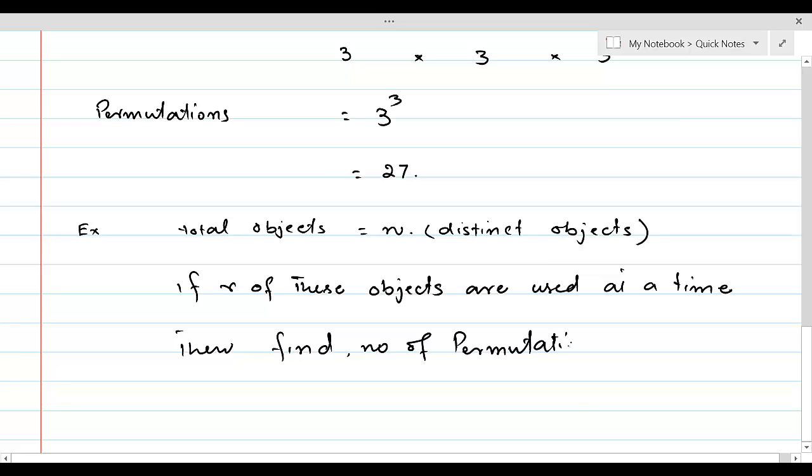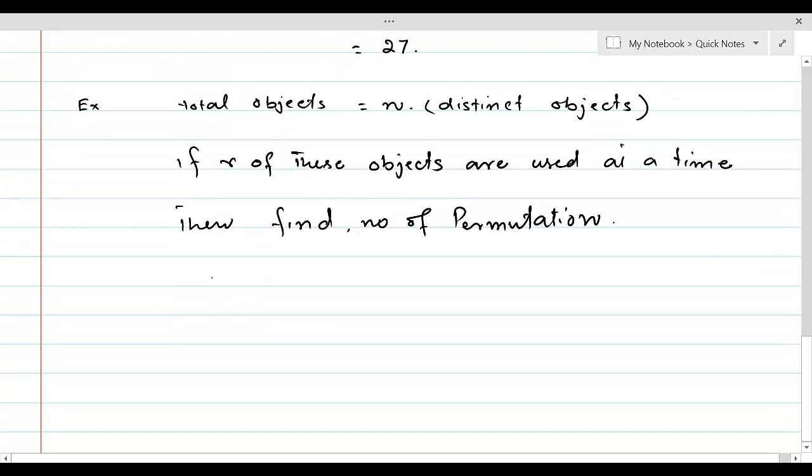In other words, we can write the same question as: n means the total number of available distinct objects, P for permutation, r of them are being chosen, and we are going to prove that this is equal to n factorial over n minus r factorial.